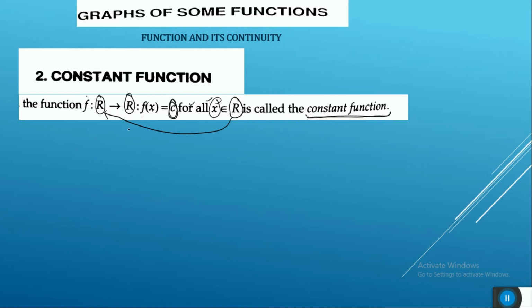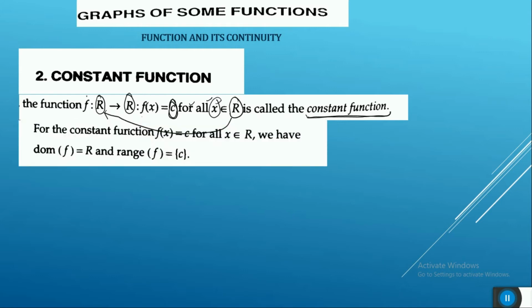Clear? So for any constant function, f of x is equal to c. You can have any value here, for all x belonging to R. So understand this definition.